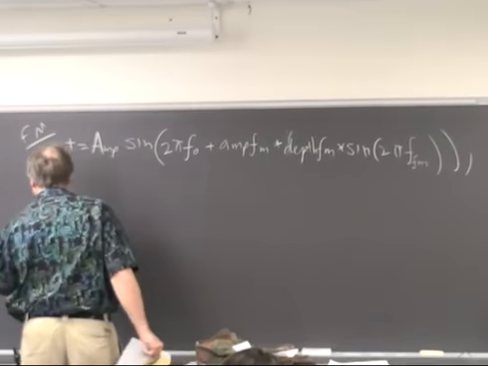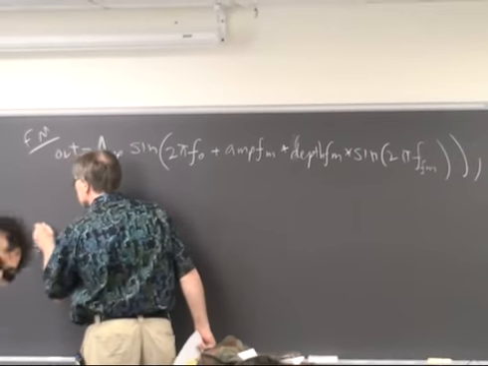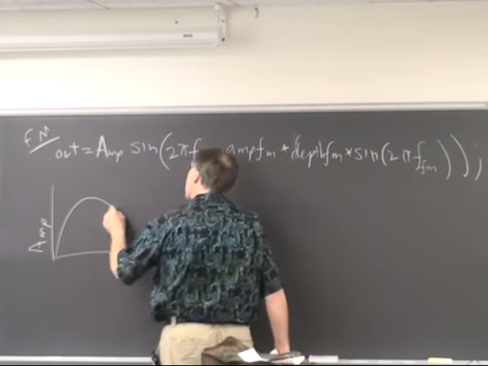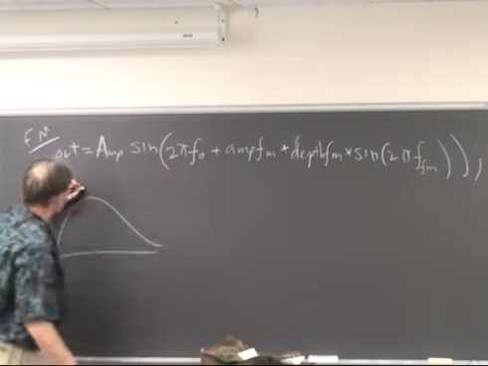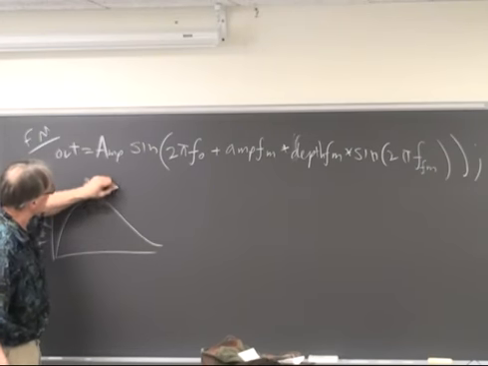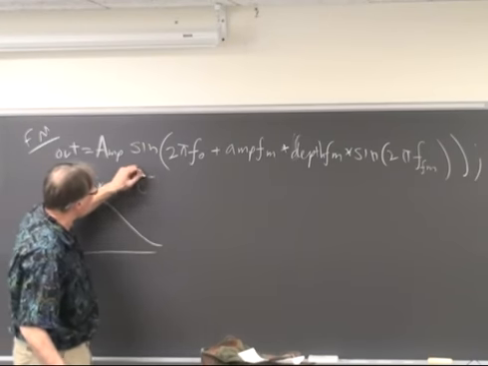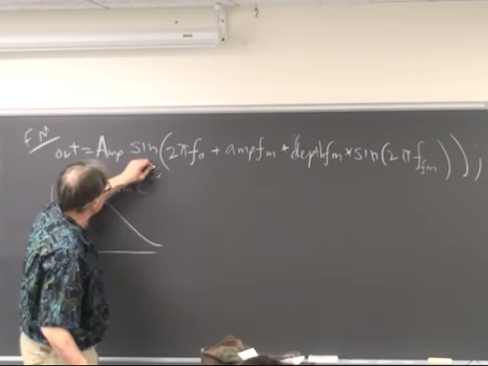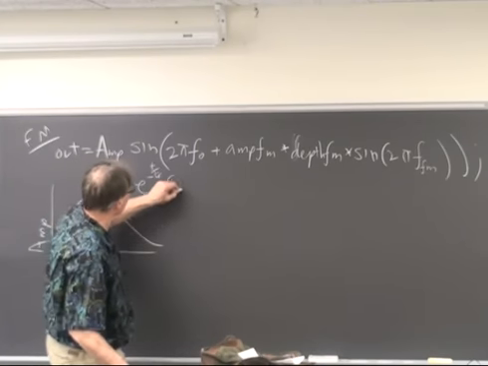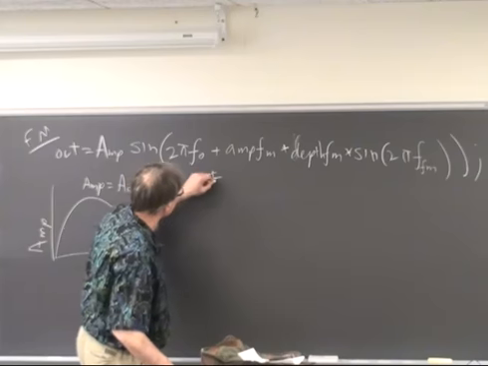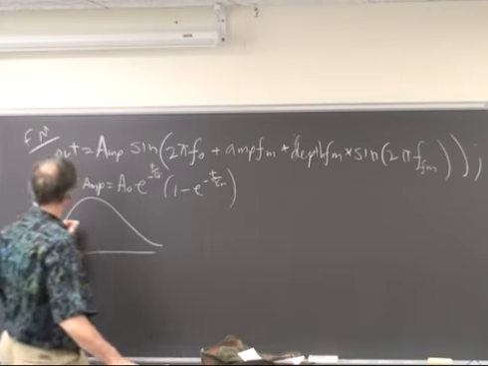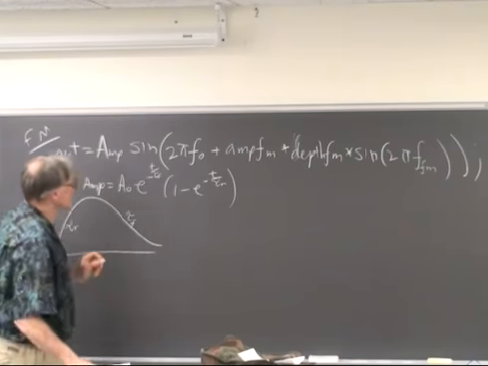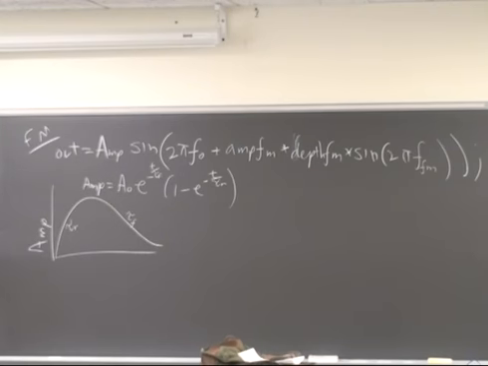where amplitude is going to be given by an exponential rise and an exponential fall of the form A equals A naught e to the minus t over tau fall, times 1 minus e to the minus t over tau rise, where tau rise is the time constant on the rise and tau fall is the time constant on the fall.